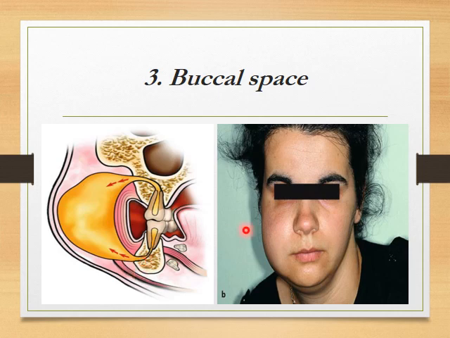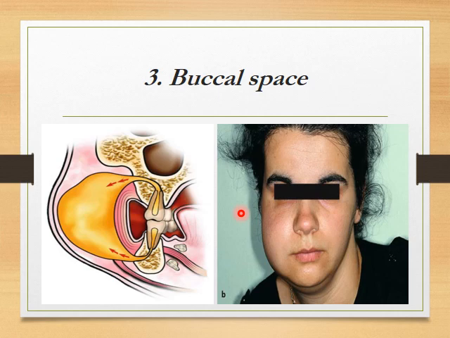What are the contents of the buccal space? It contains the parotid duct, anterior facial artery and vein, transverse facial artery and vein, and the buccal fat pad.